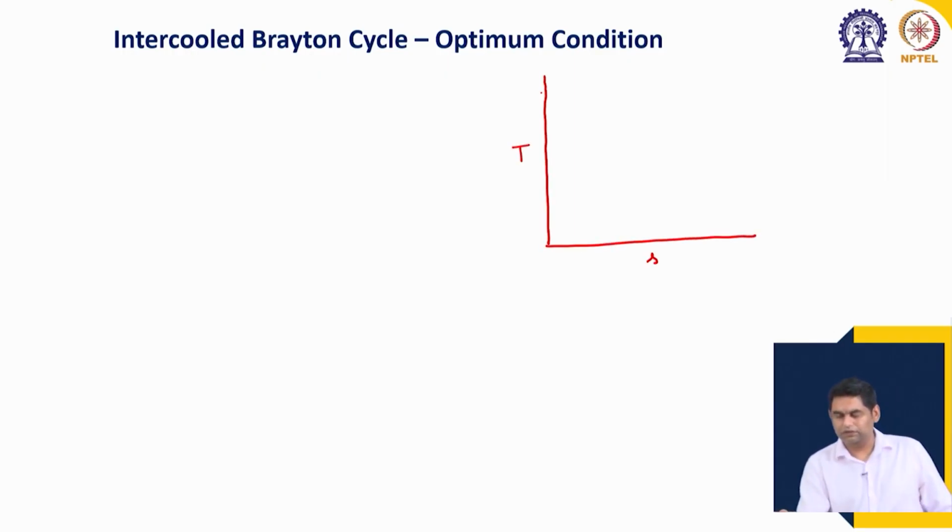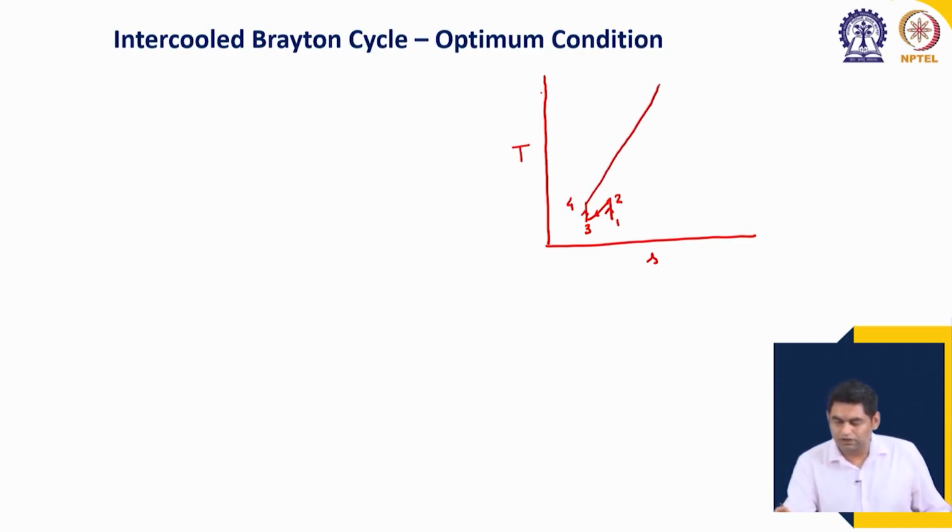Now we have two compressors, if you remember: the low pressure compression going from 1 to 2, then constant pressure heat removal 2 to 3, which we called the intercooling process. And then from 3 to 4 is the high pressure compression.